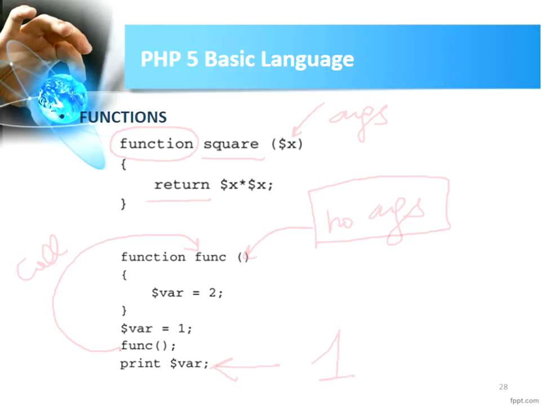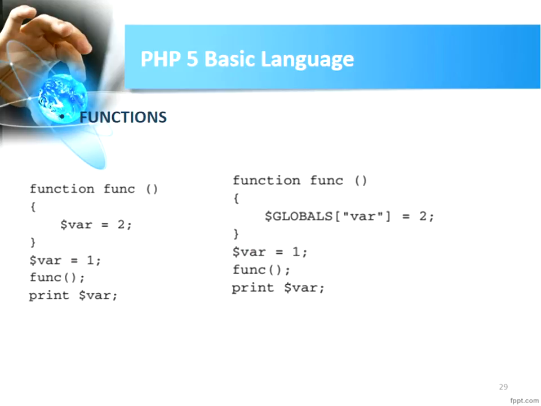After that, print variable. In this example, I will obtain what? 1 or 2? In this example, I will obtain 1 because the variable is local to the function, like JavaScript.